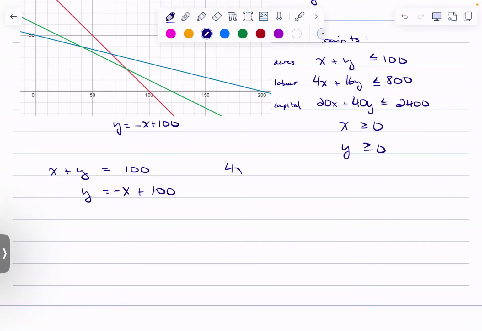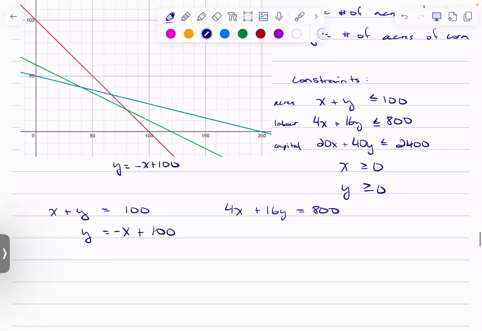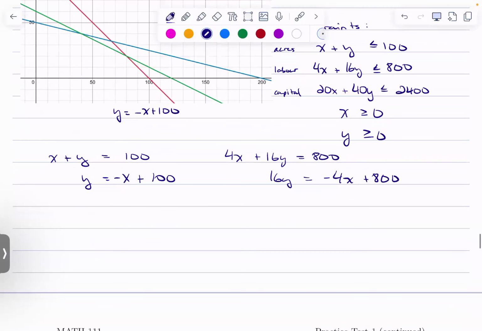What if we have 4x plus 16y is equal to 800? Trying to map it to one of the two remaining lines. 16y is negative 4x plus 800. So y is negative 4 divided by 16, negative 0.25. Check.